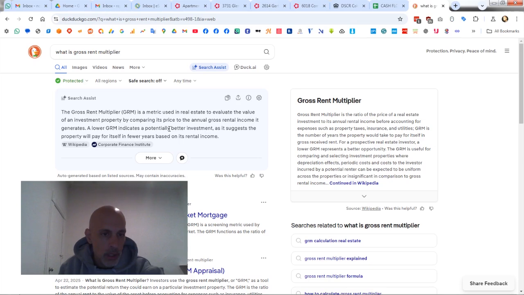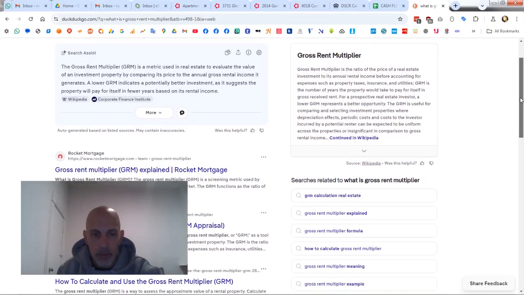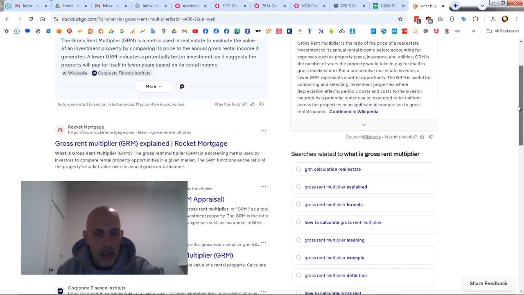A lower GRM indicates potential for better investment, as it suggests the property will pay for itself in fewer years based on its rental income.